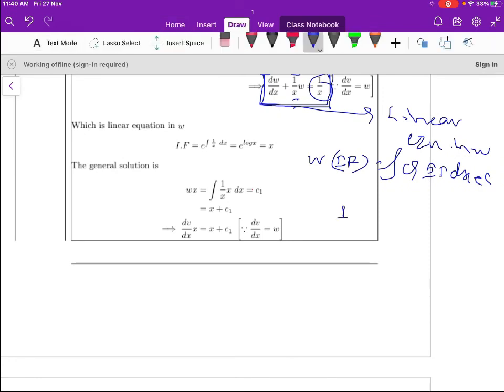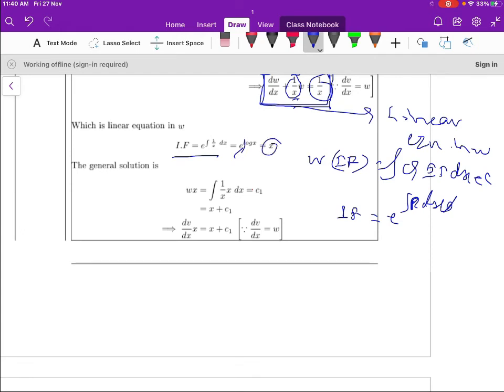where IF is equal to, we know, e to the power of integral of P dx. Here P is 1 by x. Integral of 1 by x is log x, and e and log get cancelled, that is x.